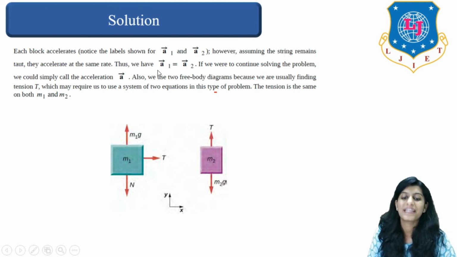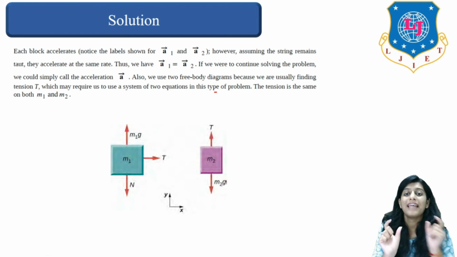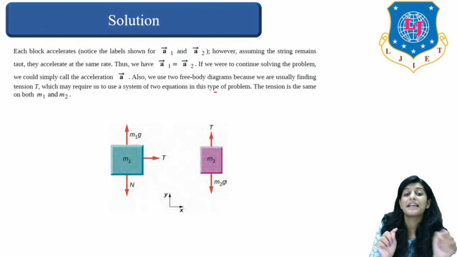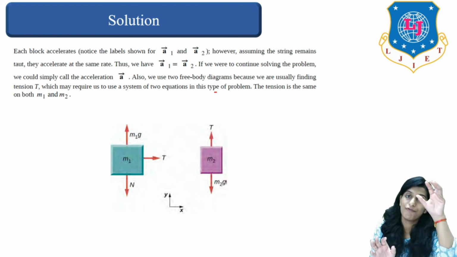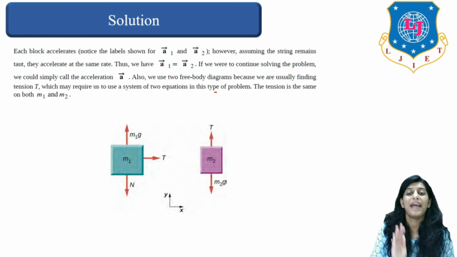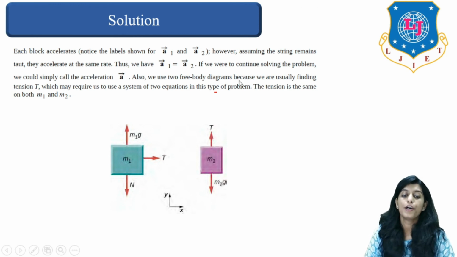Right, thus we can say a1 equals a2, that is, the acceleration of block m1 and the acceleration of block m2 are equal. Why? Because they are connected with the same string. So if one block moves, the other block will also move with the same acceleration or speed. Right, so if we were to continue solving this problem, we could simply call the acceleration A.